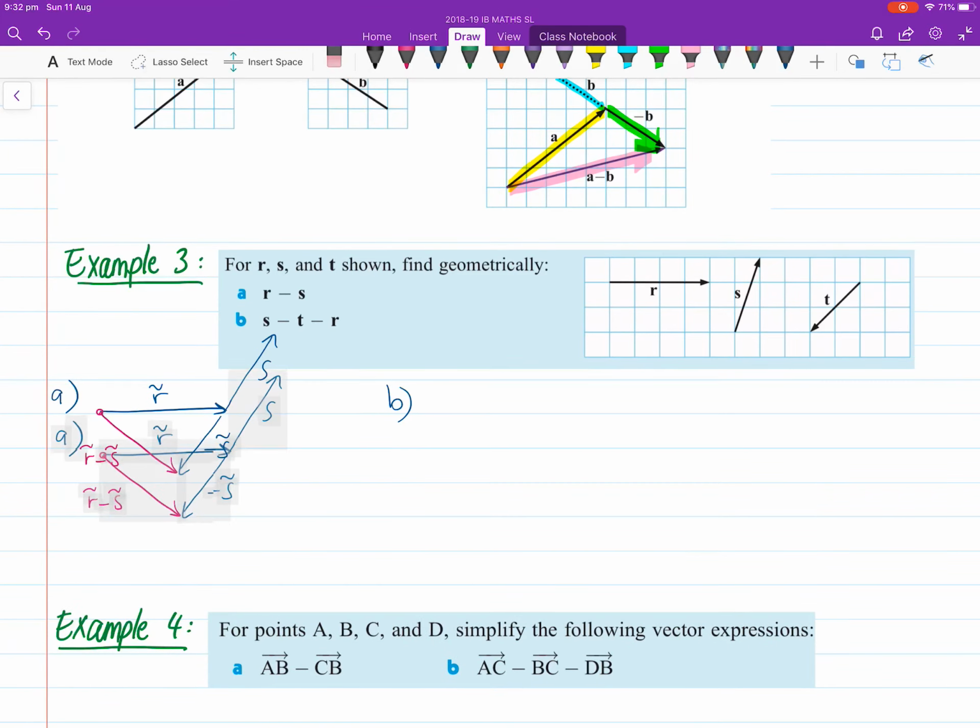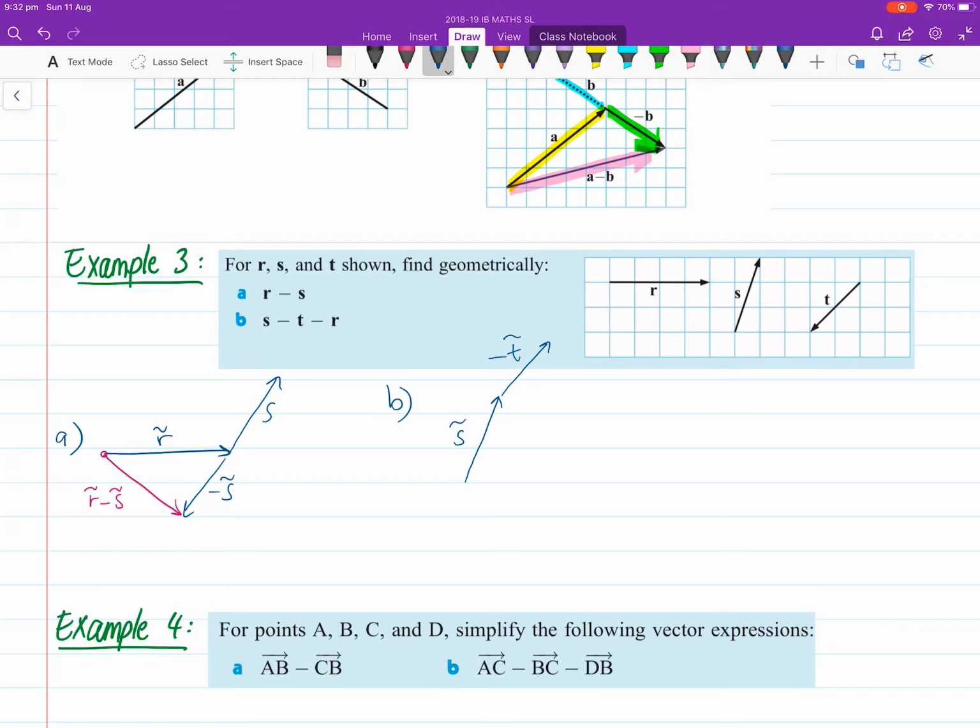So if I redraw this, S is like that, now we want minus T. At the moment T is kind of going like that, but I want minus T, so we're going to reverse it the other way, so it's going to go like that. Does that make sense? Yeah, I've just switched the direction.